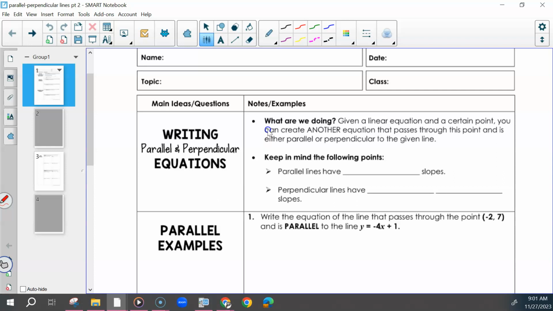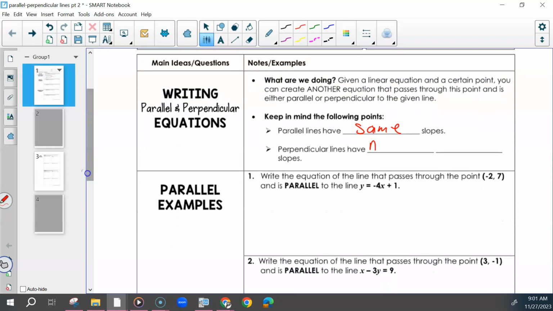And we have to keep in mind that parallel lines have the same slope and perpendicular lines have negative reciprocal slopes. Okay.